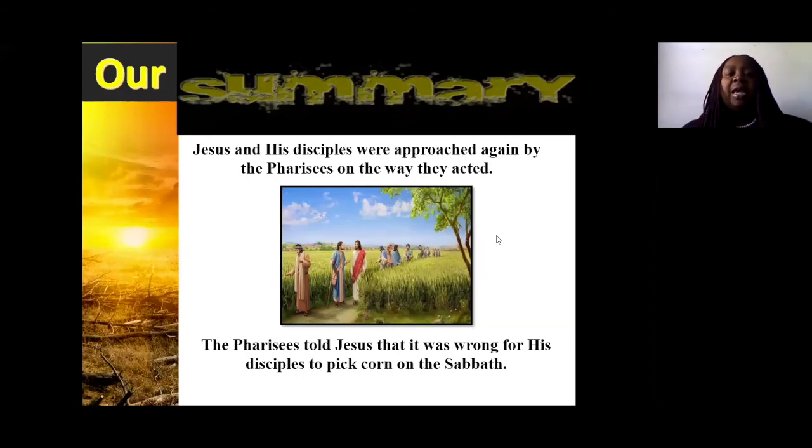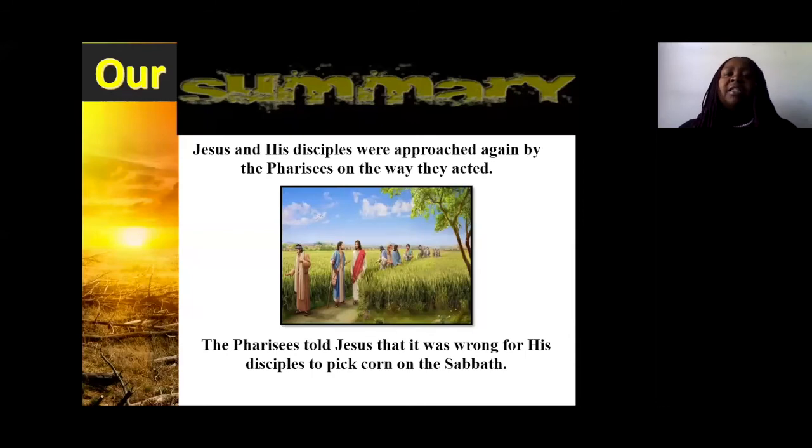the Sabbath day and keep it holy. Now, some of you should be trying to put the answer in there, why the Pharisees told Jesus it was wrong for them to pick the corn. All right. Yes, it was the Sabbath day and they were picking the corn. But why? Very good. Because the Sabbath day is a day of rest.